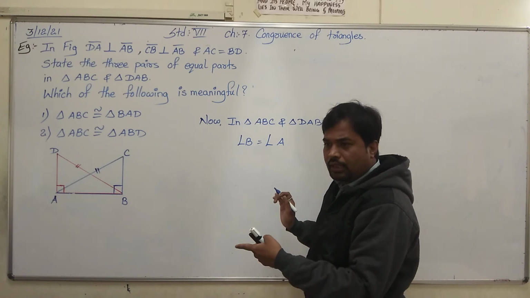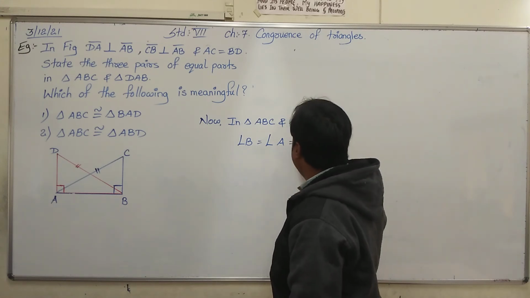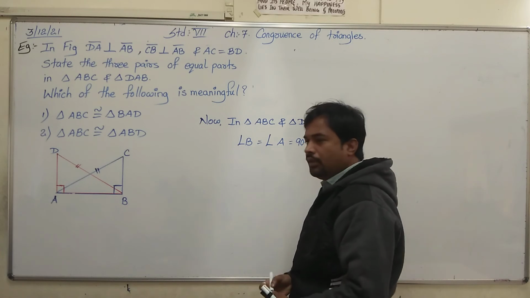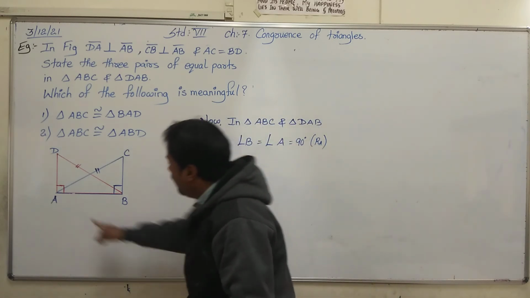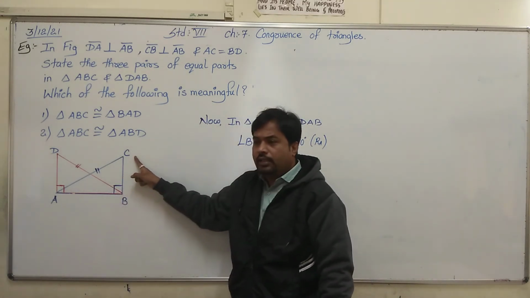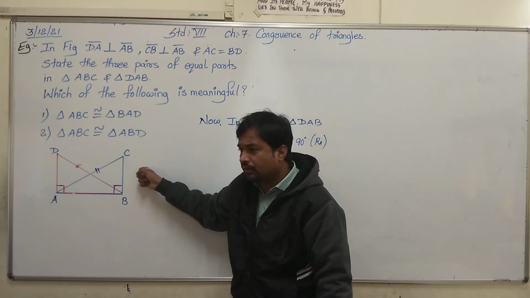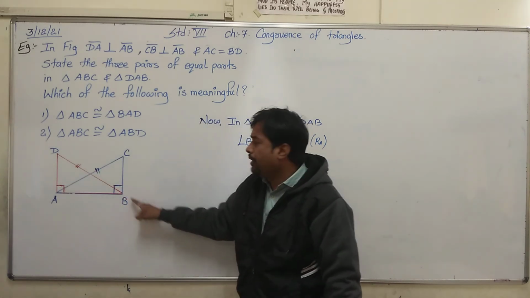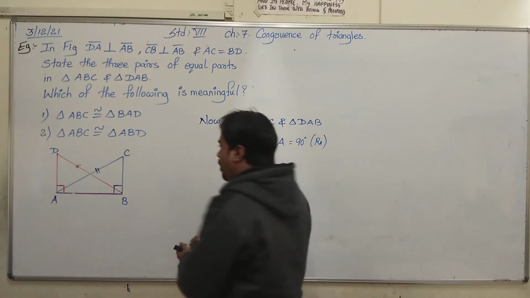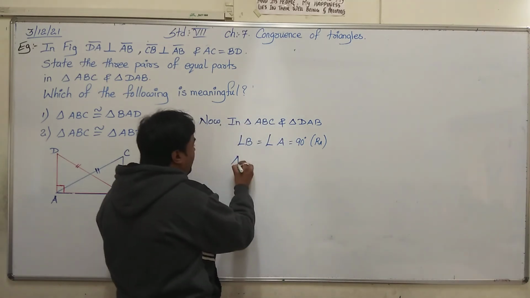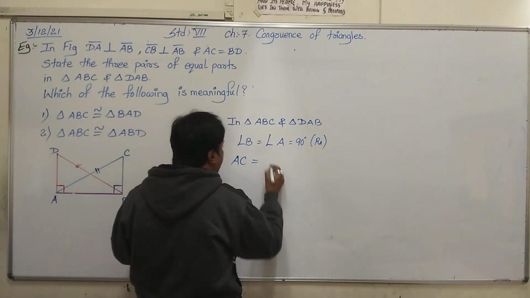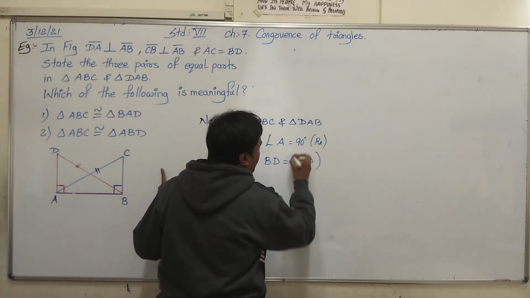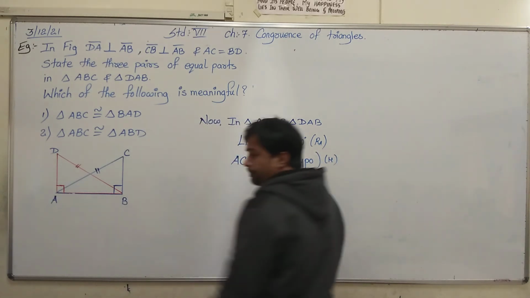Reason? 90 degree, right angle. AC is the hypotenuse of blue one, same as BD, the hypotenuse of red one. So AC is same as BD, that is equal to hypotenuse, that is your H.